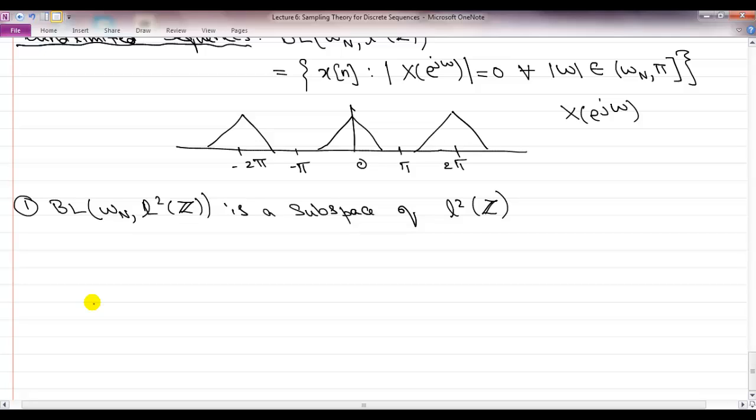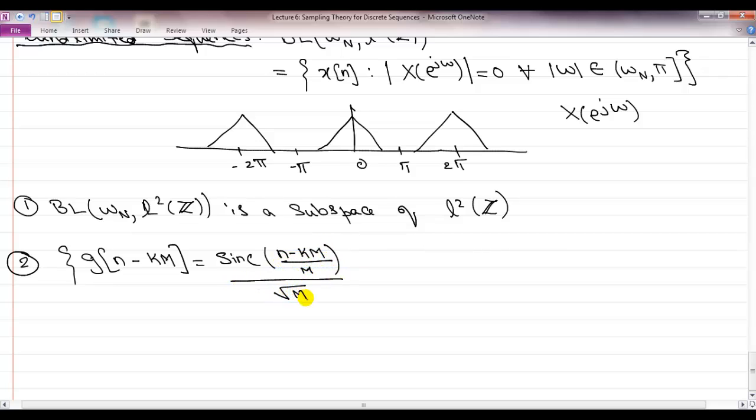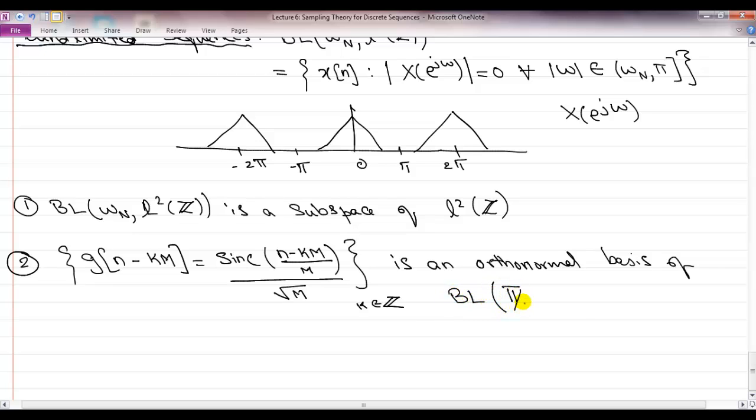Now again, I'm not going to try proving that, but it turns out that the discrete sinc, sinc of (n minus km) over m, divided by square root of m, for k all integers, is an orthonormal basis of the space of signals which are band-limited to pi over m.